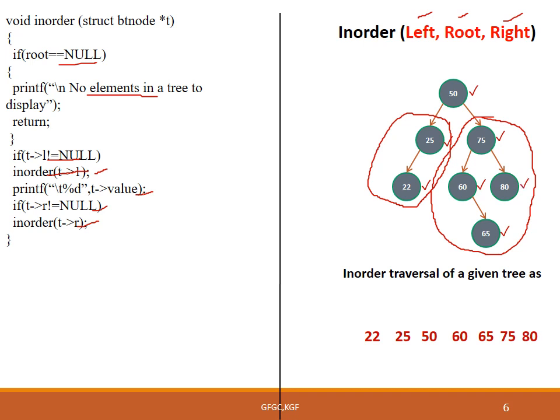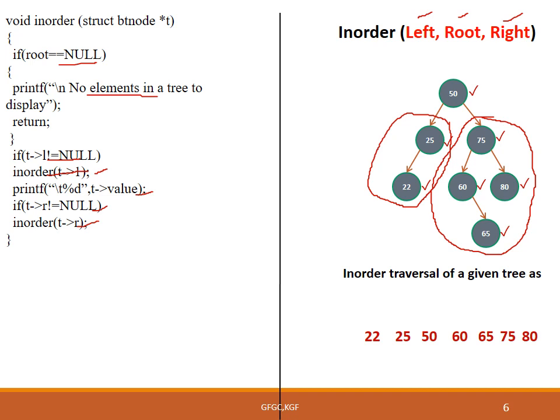Now in this in-order function, we are going to refer to the structure, a linked list node, which is going to have the data part, left child and the right child. It will see if the root is equal to null. If it is equal to null, then it will display no elements in the tree, it cannot traverse, and it will stop.